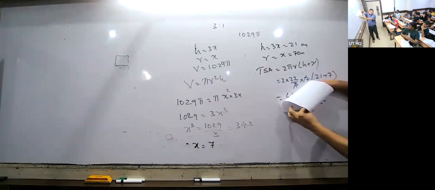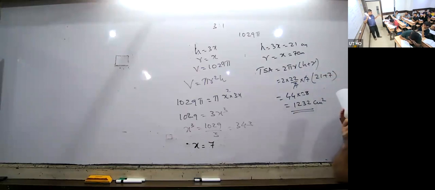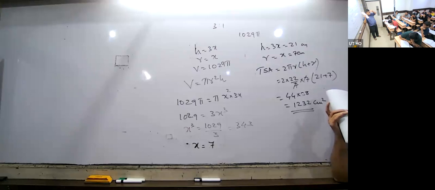Rotating along where? Along the longest side. Therefore, the circumference of the base is equal to the total length, which is 22. If I am folding the other way, the circumference of the base will be 15. That is why you have to be extremely careful. In both ways, different values are coming. So write down.